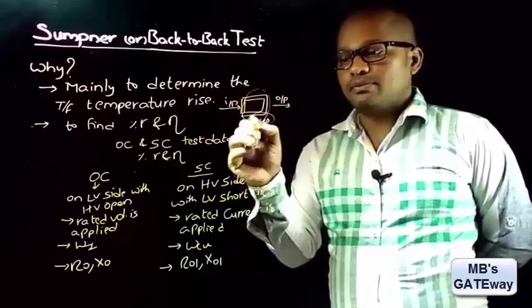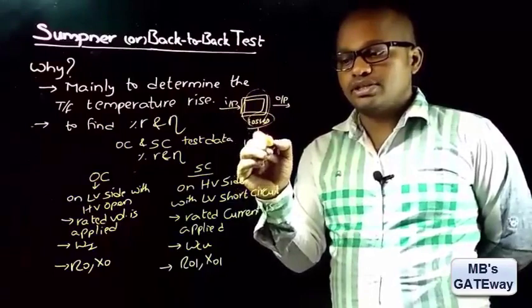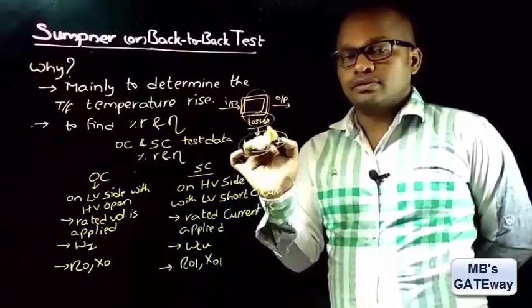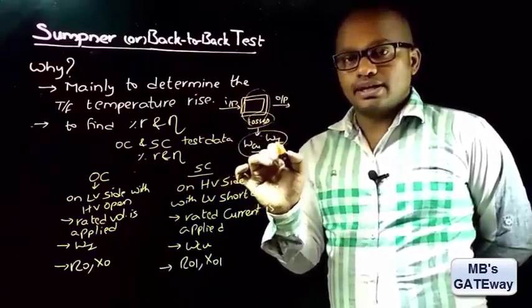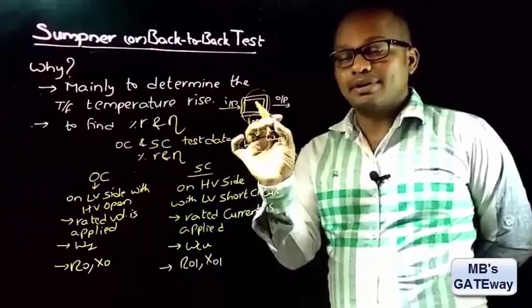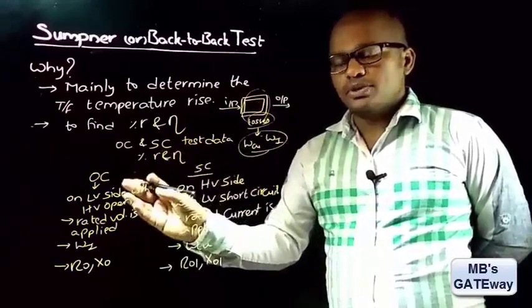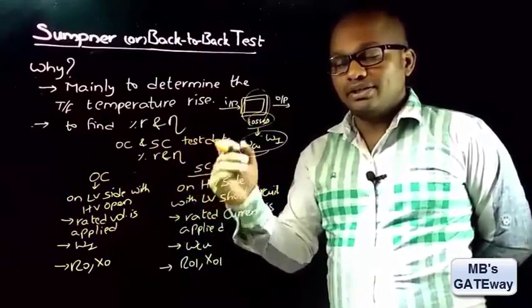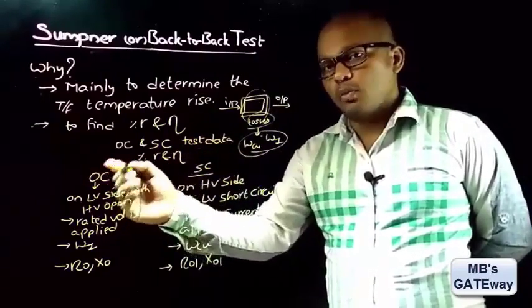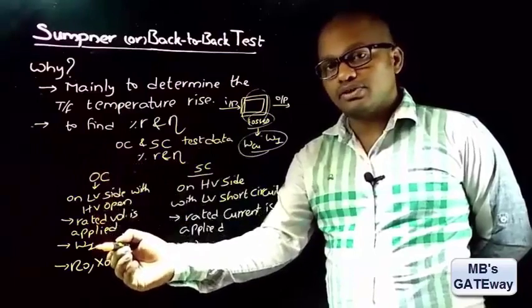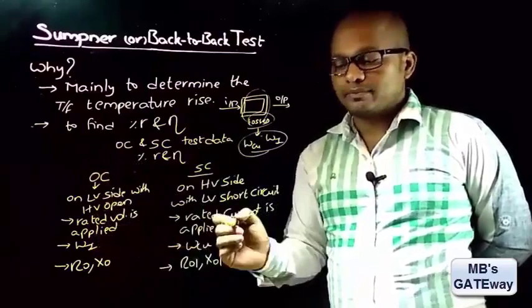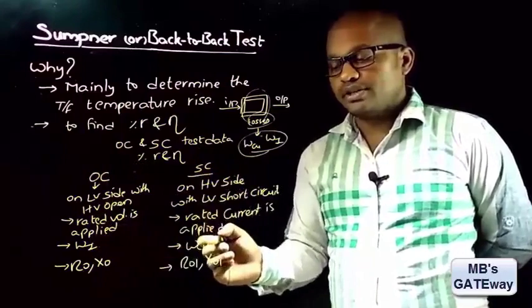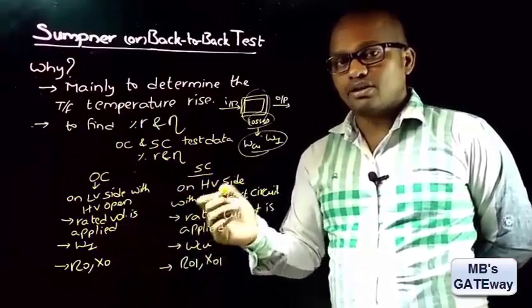In a transformer, the major losses are classified as copper losses and iron losses. These copper and iron losses exist simultaneously, but from the open circuit and short circuit test data, we are finding one loss by neglecting the other. That is, from the open circuit test we find the iron loss by neglecting the copper loss, and from the short circuit test we find the copper loss by neglecting the iron loss.